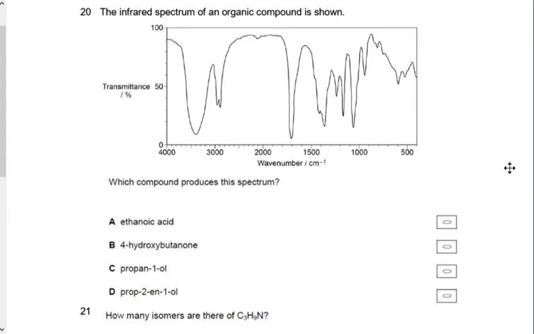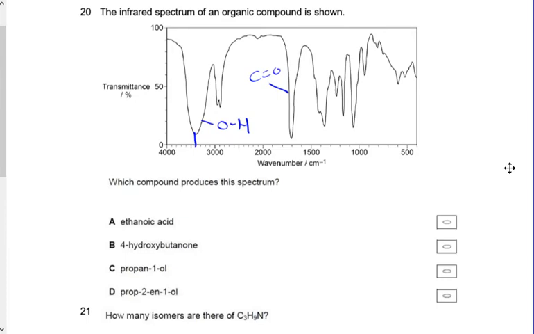The reason you would assume that it's a carboxylic acid is because you have an OH peak here and you have a C double bond O peak. But the OH peak is further to the left than it would be for a carboxylic acid, and it is a distinct broad peak. The peak is at the wave number for an OH group in an alcohol.